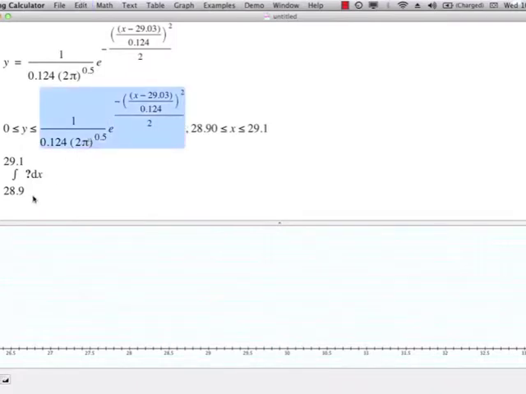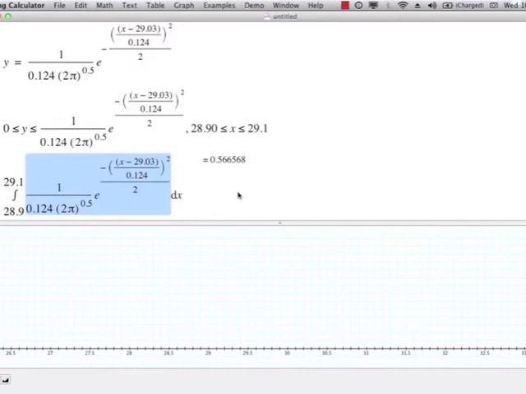It doesn't matter, because we're just plugging into the calculator and the calculator can do it for us, and we come up with 56.7%. So I would expect that 57% of my beakers would fall between 28.9 grams and 29.1 grams.